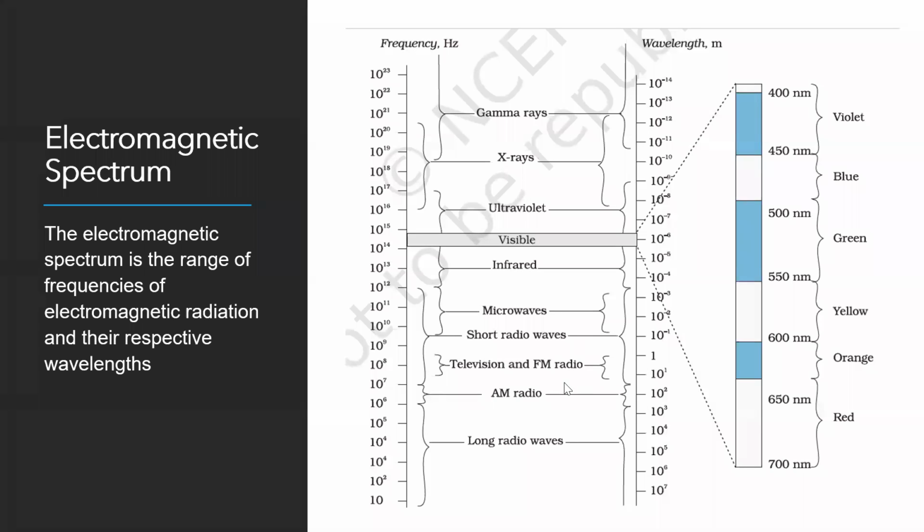Radio waves you can learn together. No need to differentiate the radio waves, but you have to know the frequency range and the wavelength range for gamma rays, X-rays, ultraviolet, visible, infrared, microwaves, and radio waves. Now, let us see how each of this radiation is produced and how they can be detected.